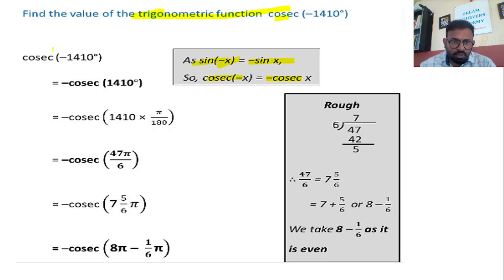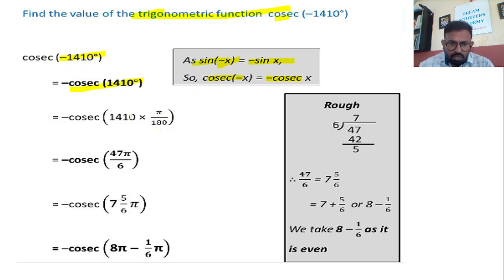That means they have given cosecant of minus 1410 degrees, so I can write it as minus cosecant of 1410 degrees. Next, as I told you, convert that into radians. So I will multiply with pi by 180.